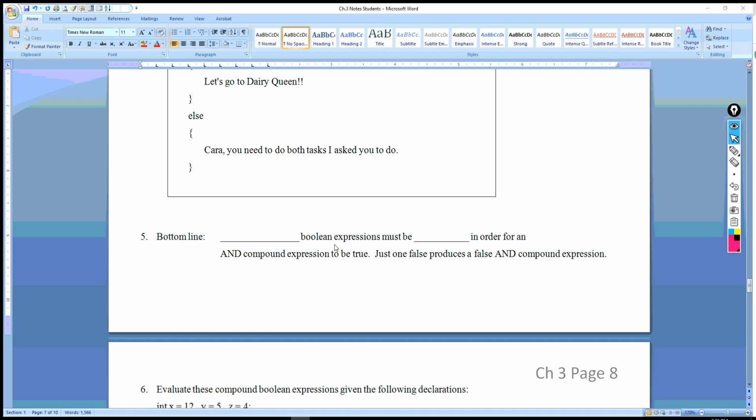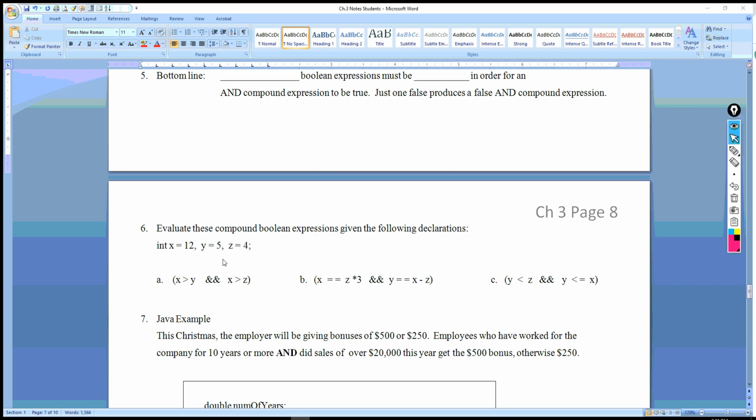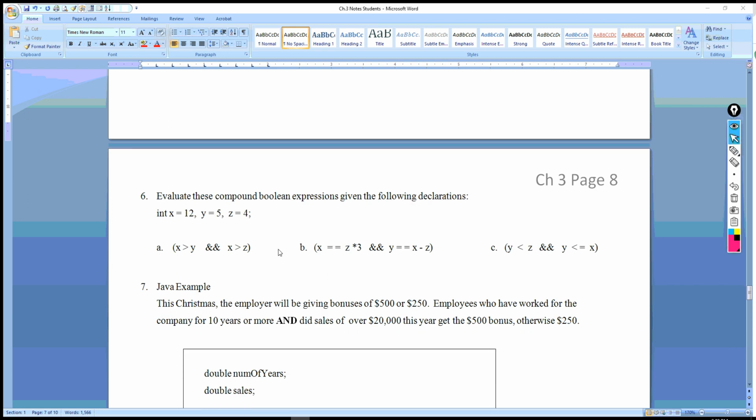Just one false produces a false AND compound expression. So just one of those is false, just like she didn't take out the trash, so that makes the whole situation false. We're not going to Dairy Queen. So evaluate these, and then we'll take a look at it. If you want to pause and do them, and then come back and check out the answer key.